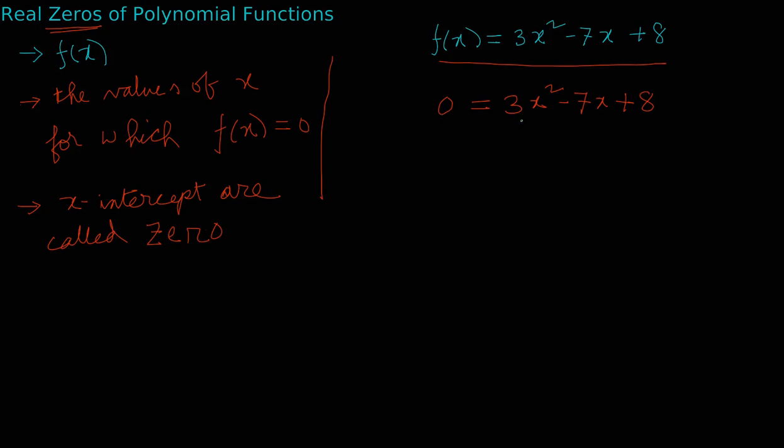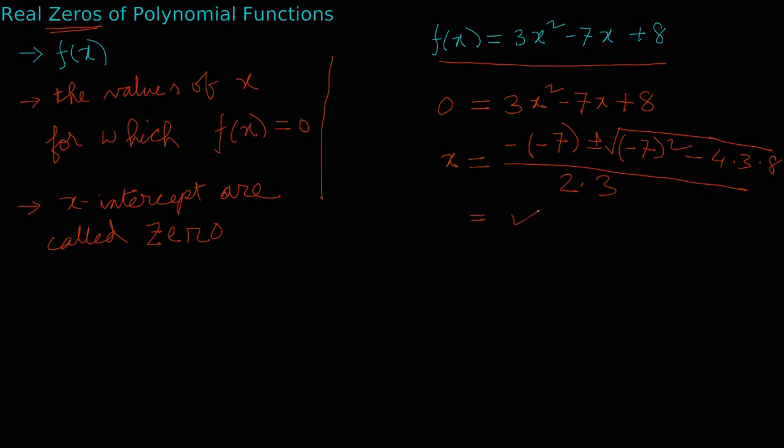To find x, x equals minus 7 plus or minus square root of negative 7 square minus 4ac, over 2a. That's how you find the two values of x. So that is one way of finding the real zeros.